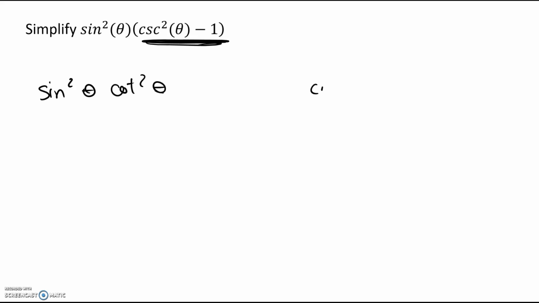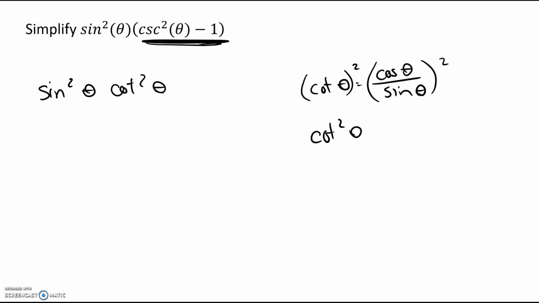And we know that cotangent of theta is equal to cosine of theta over sine of theta. But if I square this side, I'll square this side as well. So that'll give me cotangent squared of theta. And now the square is going to go to the top and to the bottom. So this would be cosine squared of theta over sine squared of theta.